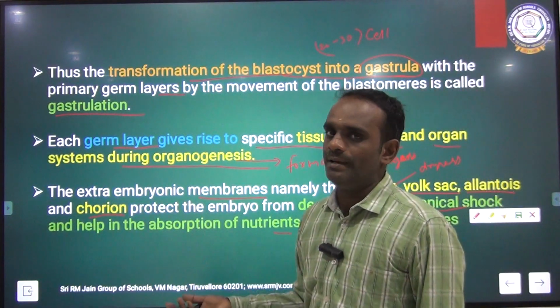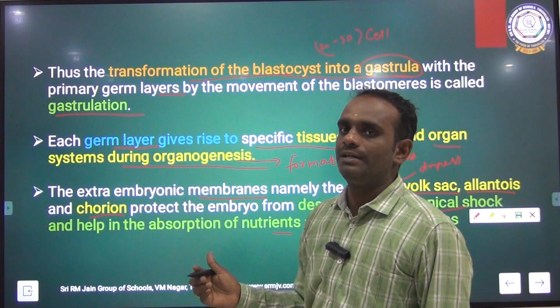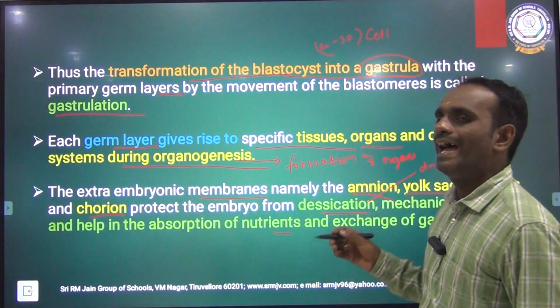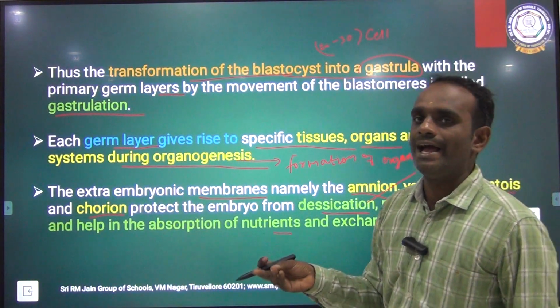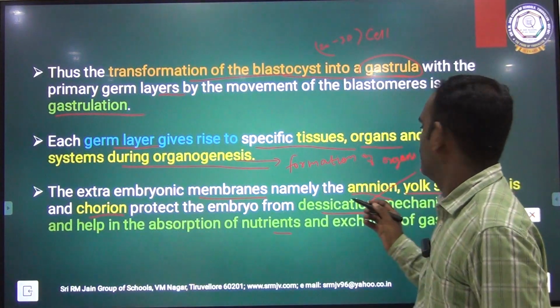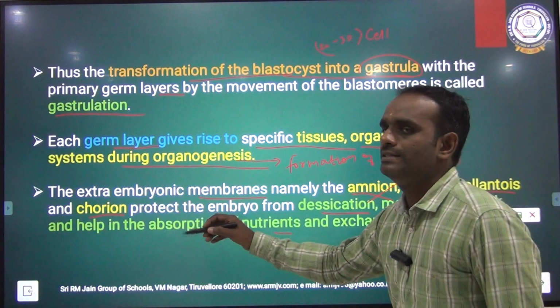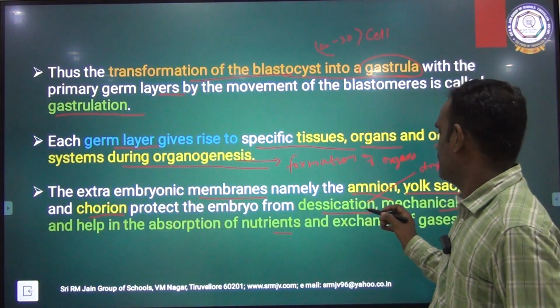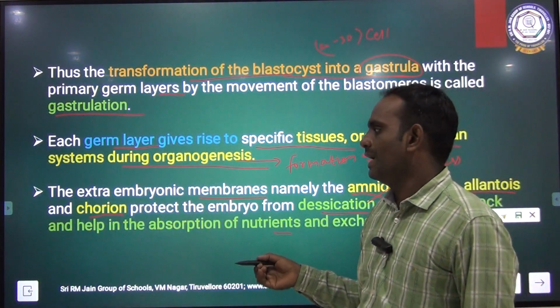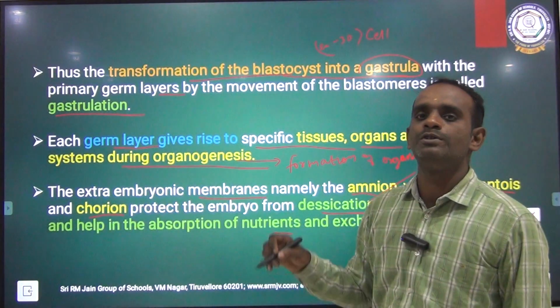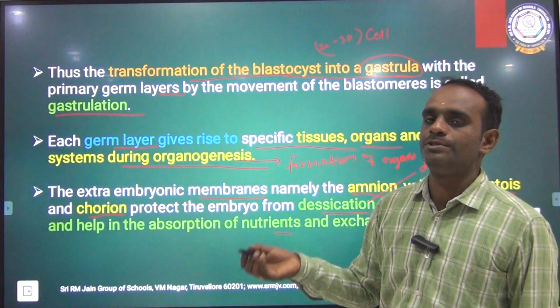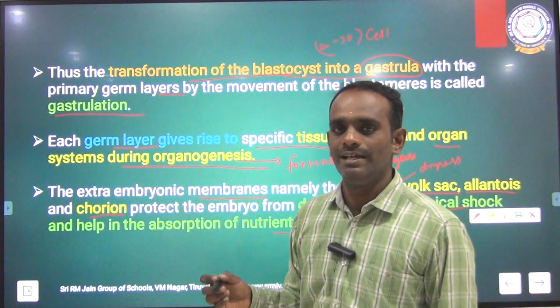I am telling one more time, the extra embryonic membranes such as amnion, yolk sac, allantois and chorion protect the embryo and help in the absorption of nutrients and the exchange of gases. Clear?